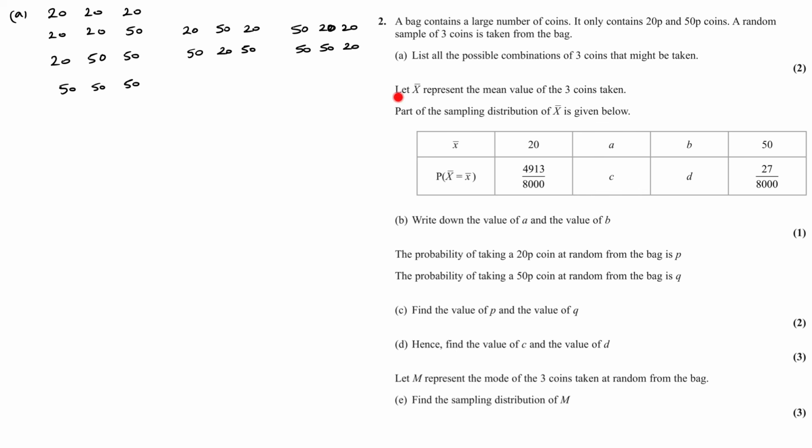Now here, let X represent the mean of the 3 coins below, and this is given. We've got to work out A and B. So nothing again too difficult here. A is, well, it's this type, isn't it? So 2 20s and a 50.